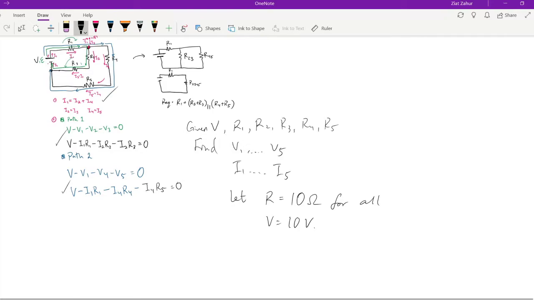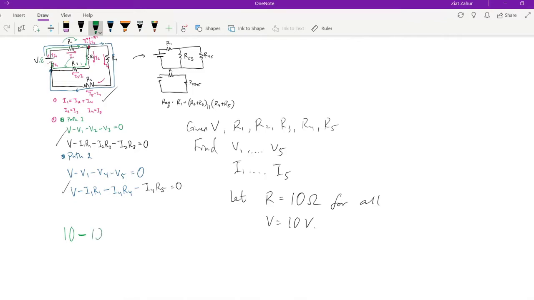Let's see. So equation 1, let's use green. So the first equation would be 10 volts minus, and it's okay to drop the unit for now. It'll just be a linear algebra equation. I1 times R1.